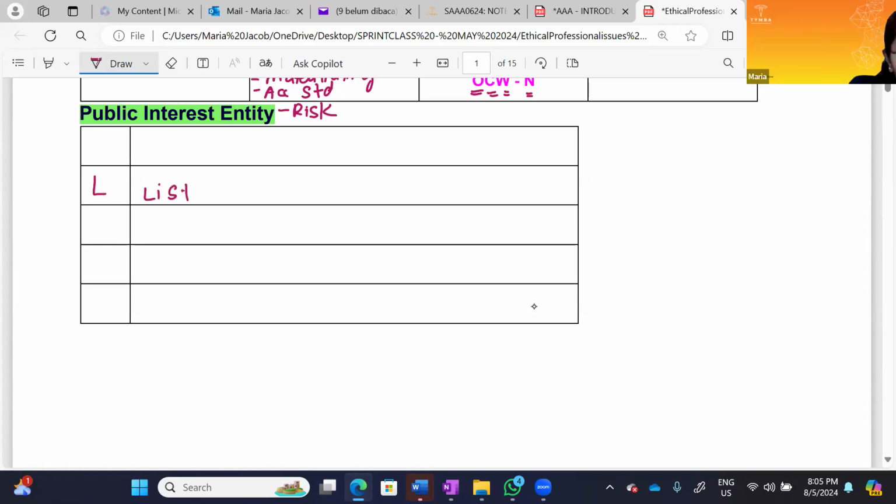Okay, so you have the listed entity. This is the common one. People think it is only listed entities, but actually it's not listed only. What else do we have? Correct, listed is correct, thank you for answering. But apart from this, what else is a public interest entity? Yes, insurance company.